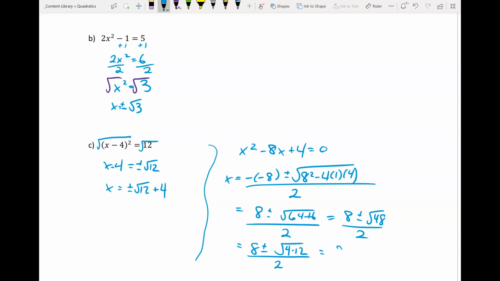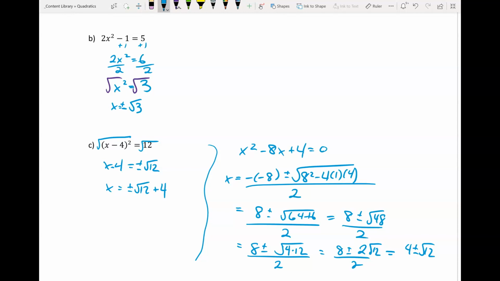Bring the 4 out by taking the square root of 4, which is 2. And then simplify the fraction by dividing every term by 2. And as you see, we get the same answer as our other method of just taking the square root of both sides. Though again, this doesn't always work.